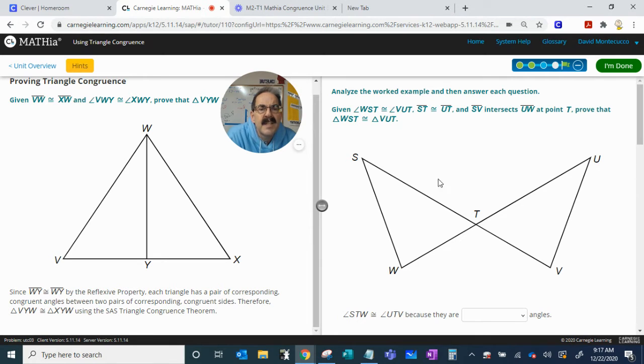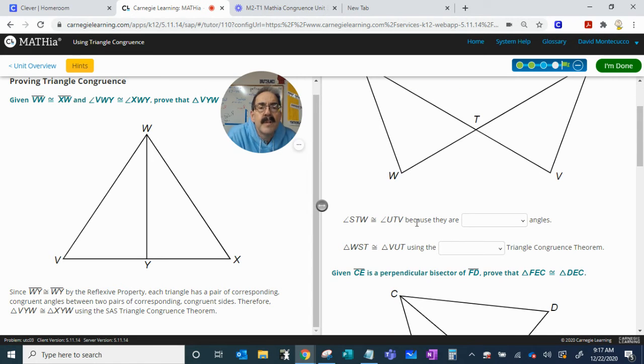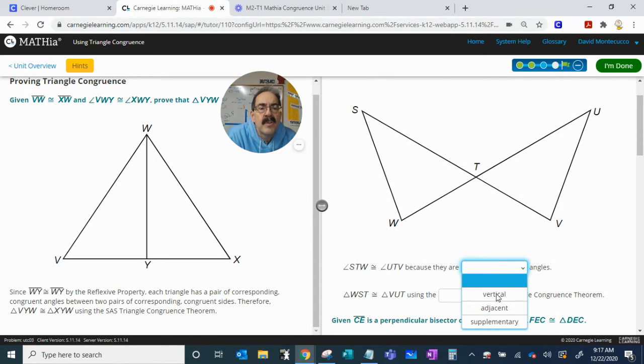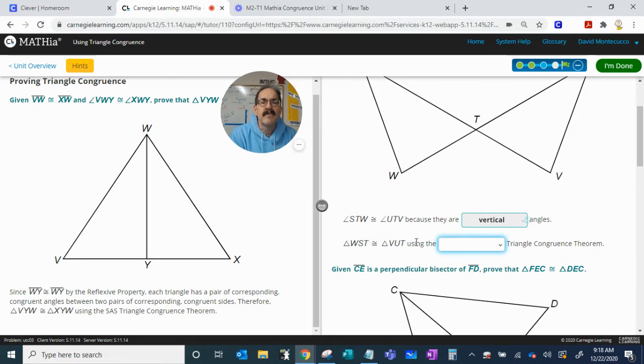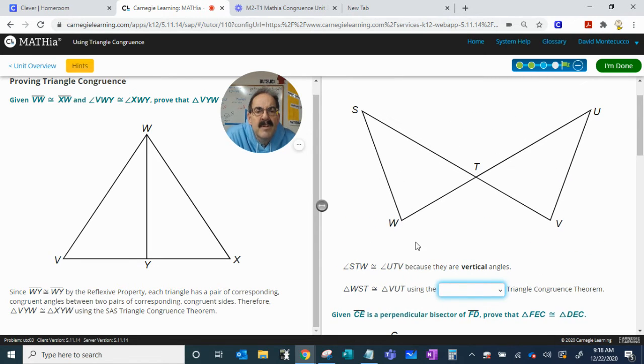UT, ST. ST is the same as UT. Okay, angle, angle, side, side, and these are vertical angles. Okay, vertical angles, angle, side, angle, because they are vertical angles. So we need the reflexive piece, we need the vertical angle piece, WST, triangle, because of angle, side, angle, ASA.